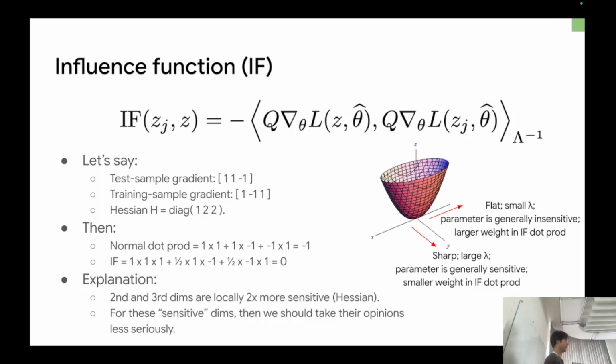And that tells me that, okay, usually you should actually see a lot more changes in the loss values, but you're seeing the same amount. So I'm going to decrease the seriousness of these contributions when I compute the dot product.